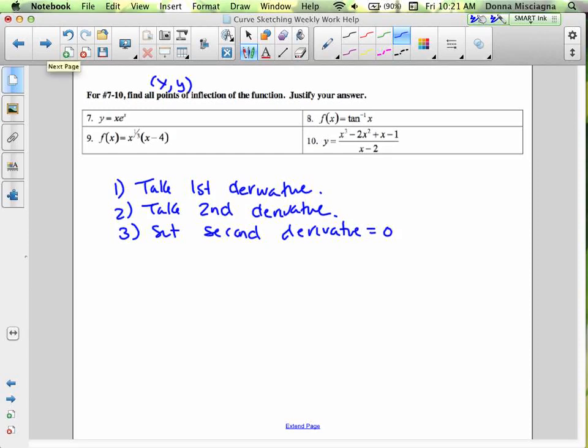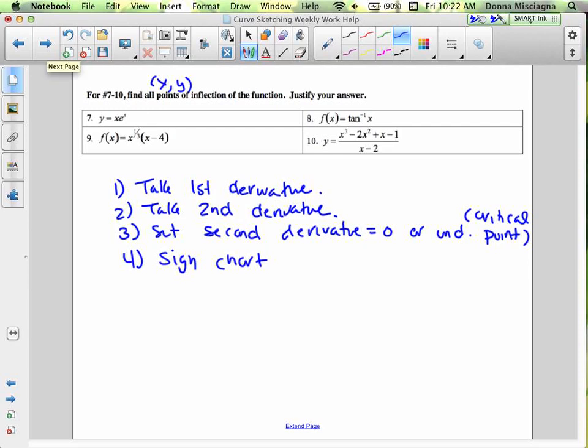And then also check for where the second derivative is undefined. You're going to do a sign chart, because these are the critical points. And just because something is a critical point does not mean it's a point of inflection. Right? To find if it's a point of inflection or not, we're going to make a sign chart.